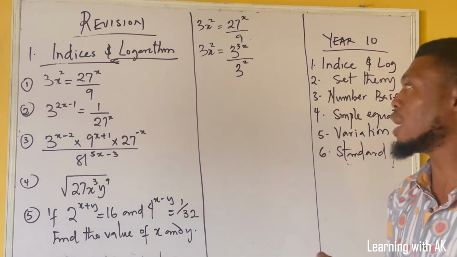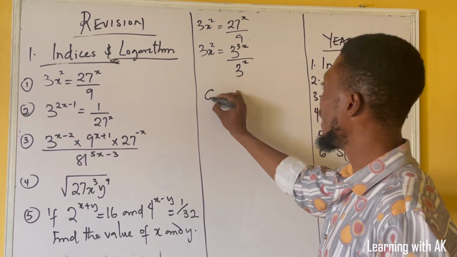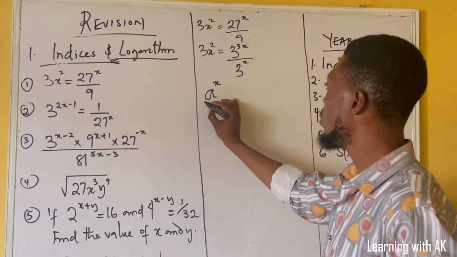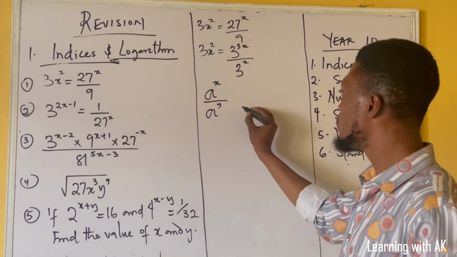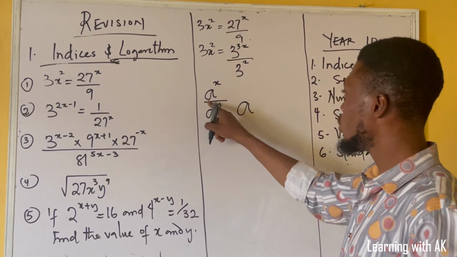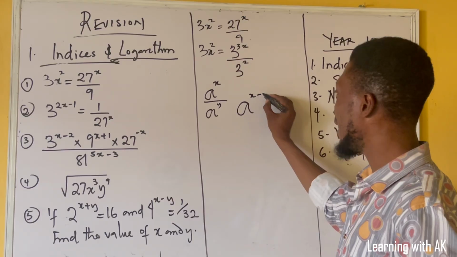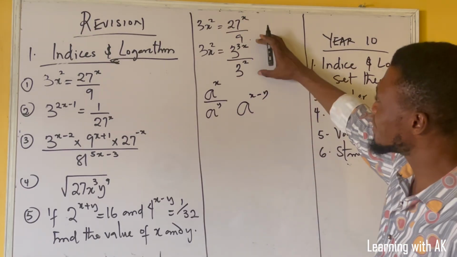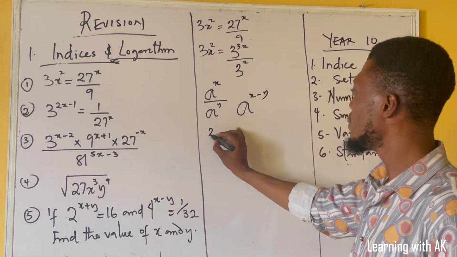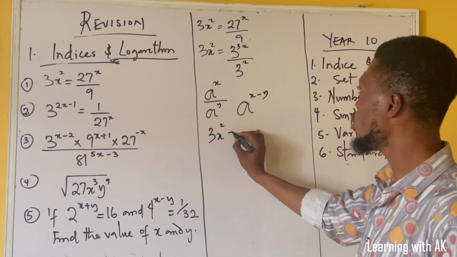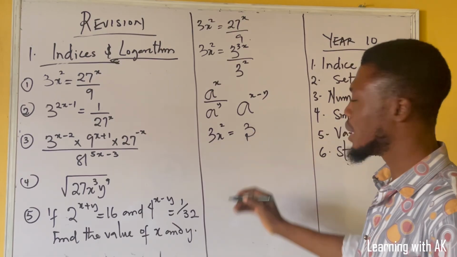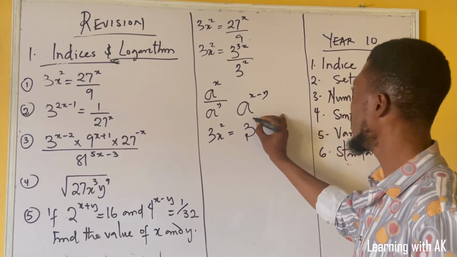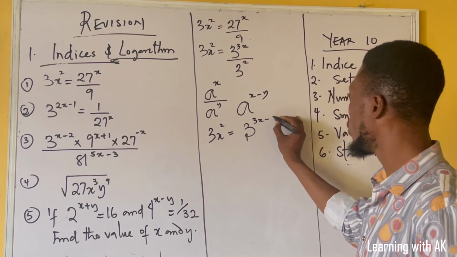Don't forget, one of our rules says that if I have a raised to the power x over a raised to the power y, since they are the same base, you pick one a, then you subtract the power, x minus y. If I want to apply that here, I'm going to have 3 raised to the power x squared equals, I'll pick one of the 3s, then I subtract the power: 3x minus 2.